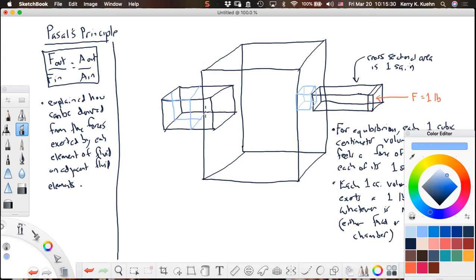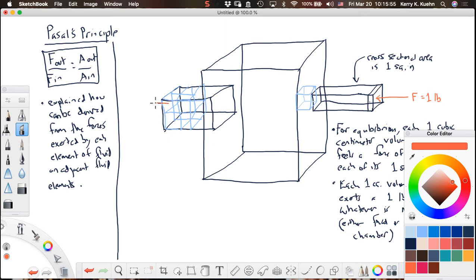So I'm going to try to draw 4 cubic centimeters of fluid over here. It's a little bit tricky to draw this. Okay, so the point is that there are 4 cubic centimeters touching this one.